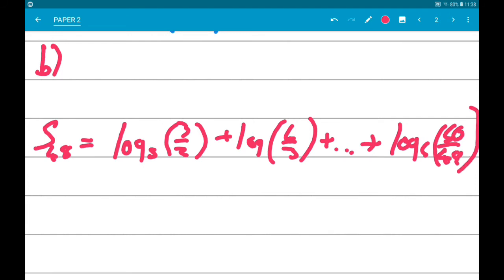Alright, now when we add logs together, we multiply the insides.